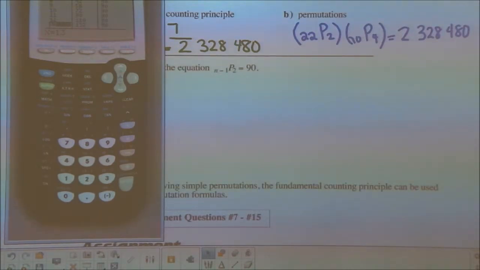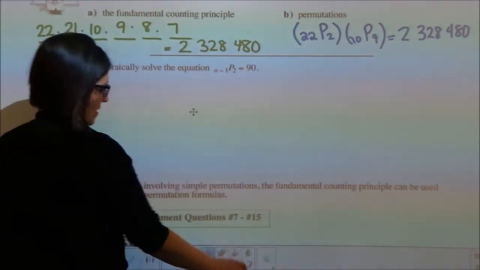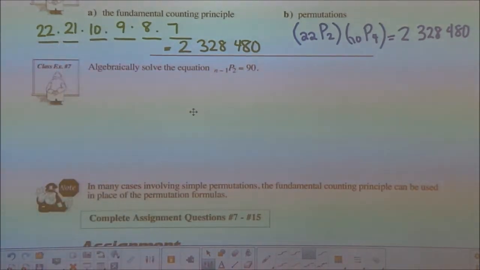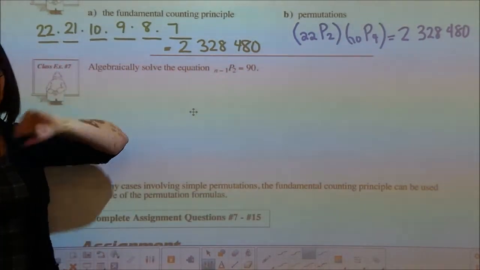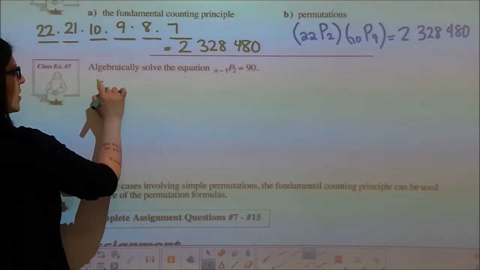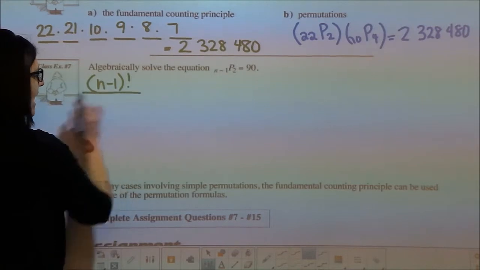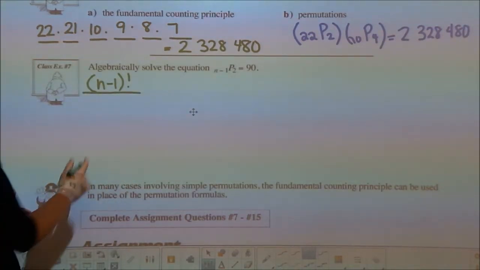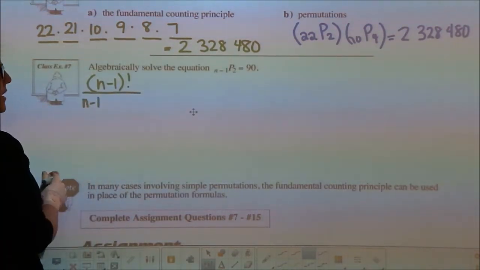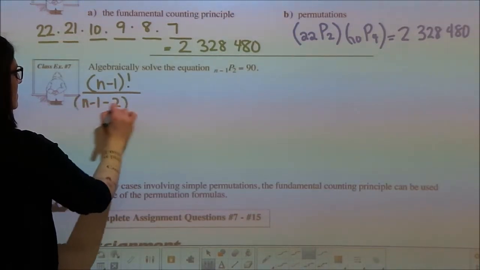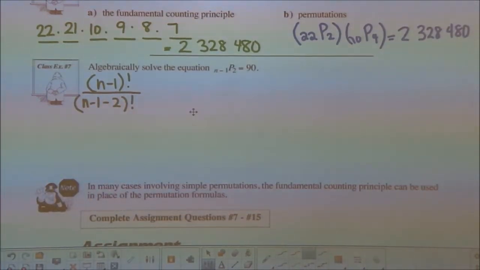However, how do you think we're supposed to solve this? Probably not that way. We want to use algebraic means to solve this. So to solve this algebraically, we're going to use the definition of the permutations. nPr means n factorial divided by n minus r factorial. So n is n minus 1, minus r factorial.